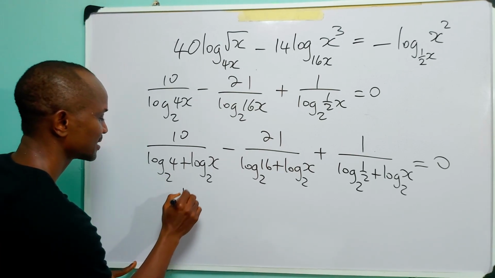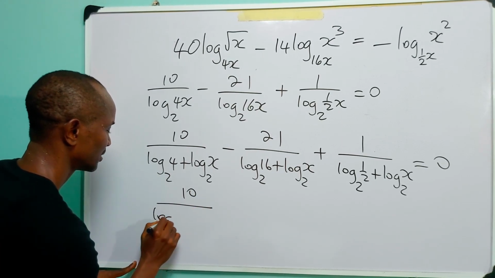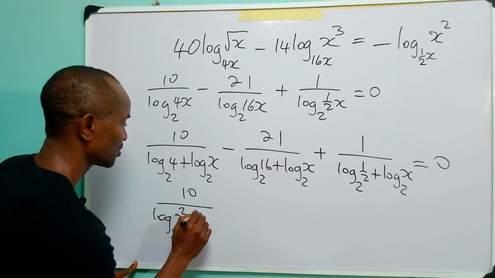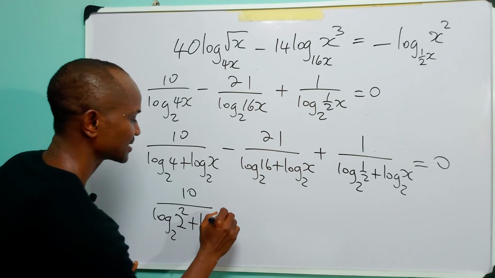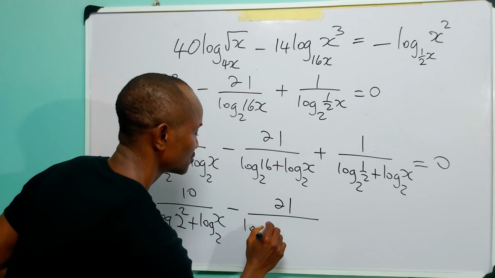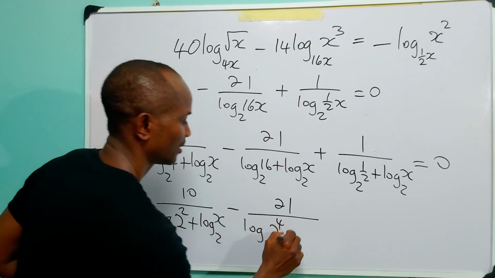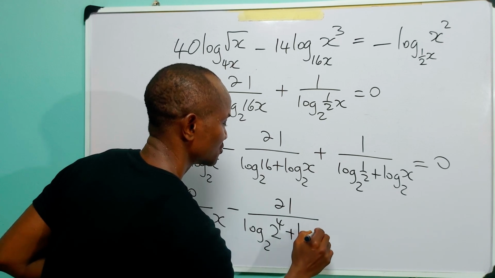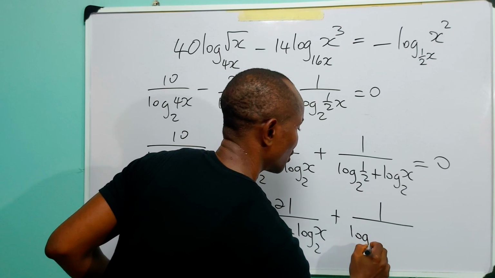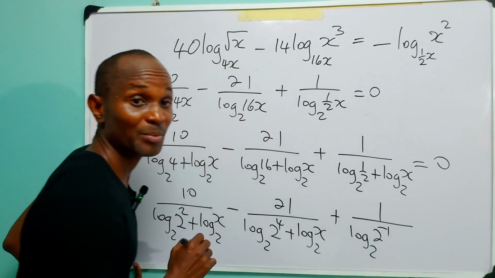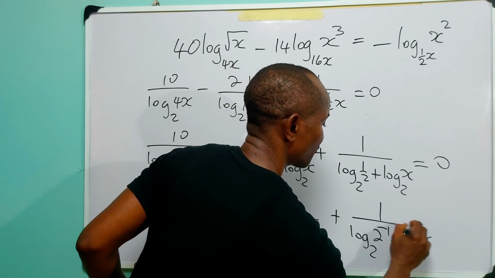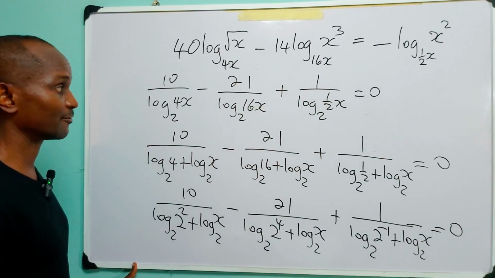Now this can be written as 10 over log₂ of 2 squared, because 4 is 2 squared, plus log₂ of x, minus 21 over log₂ of 2 raised to power 4 plus log₂ of x, plus 1 over log₂ of 2 raised to power minus 1 plus log₂ of x, is equal to 0.